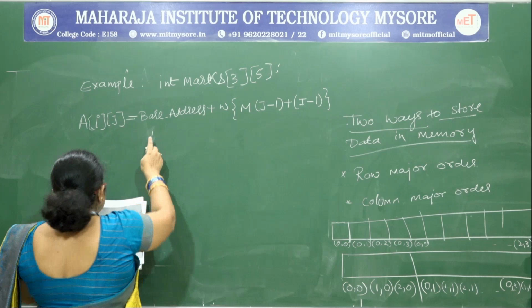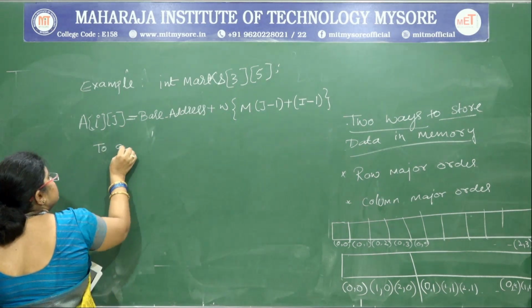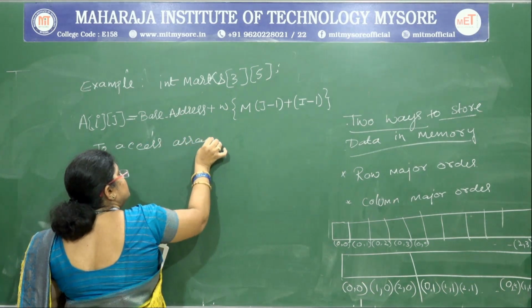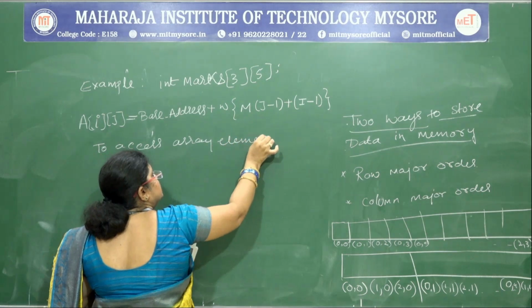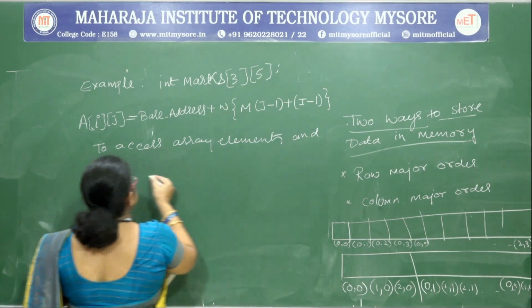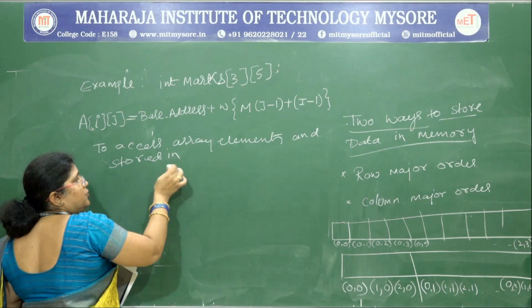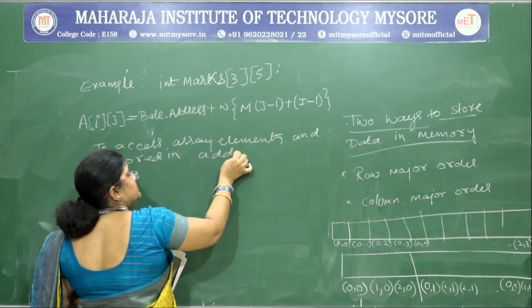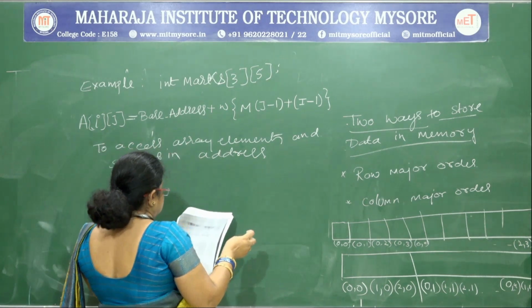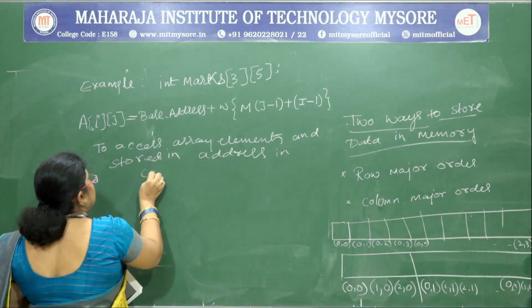This is the formula to access array elements stored in address in column major order.